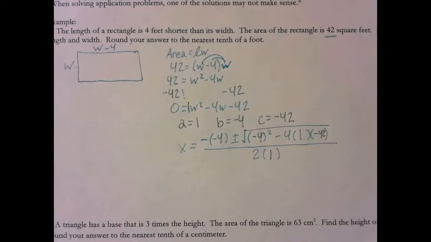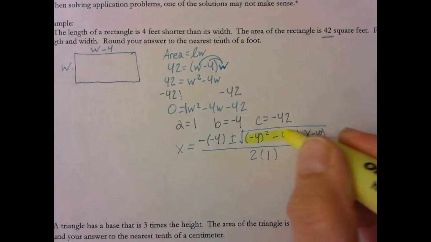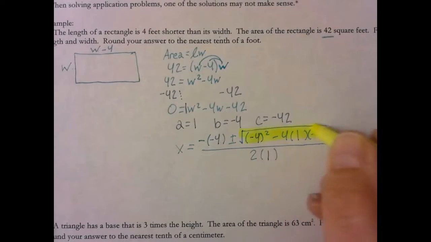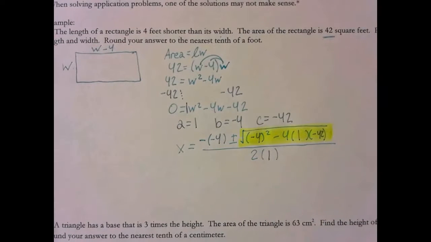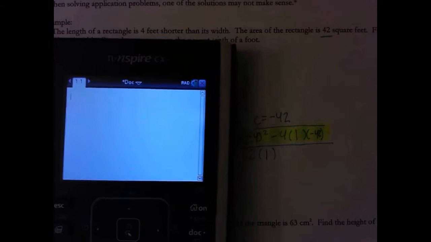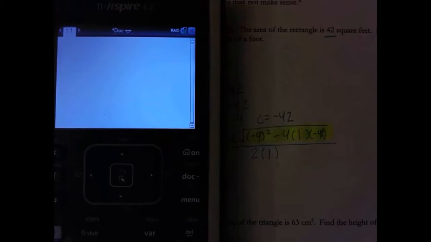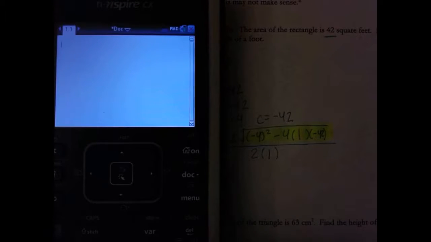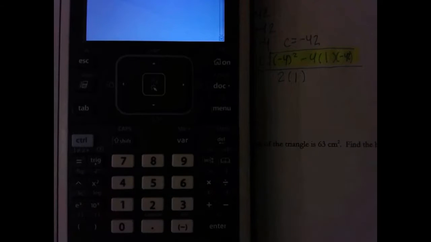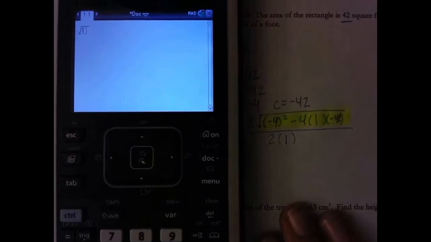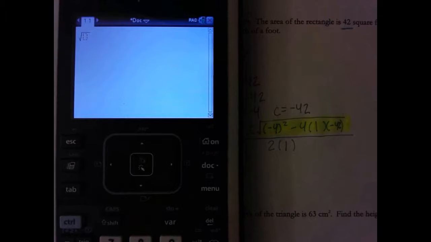let's see, I would get a different color. Put this whole thing into your calculator. And I'm going to see if I can get my calculator to show up. Okay, now you can see my calculator screen. So I'm just going to type in control, then x squared, that gives me my square root, and plug in exactly like I have this, parentheses and all.